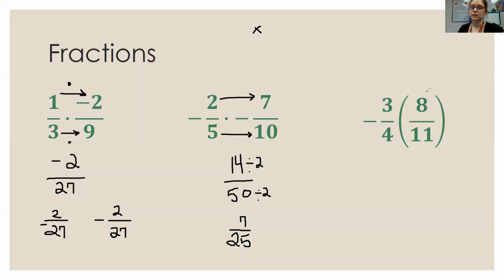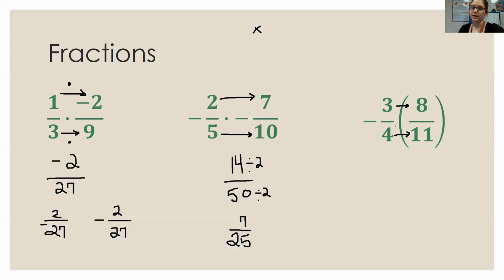So let's look at the method to simplify. Now I can see I have 3 times 8 and 4 times 11. But I notice I have an 8 and a 4. Well, I know 4 is a factor of 8, 8 is a multiple of 4, so I can reduce early.